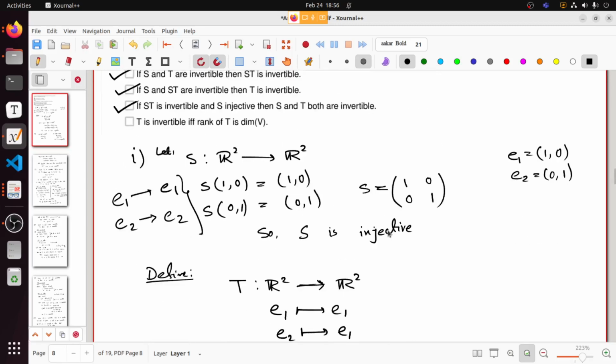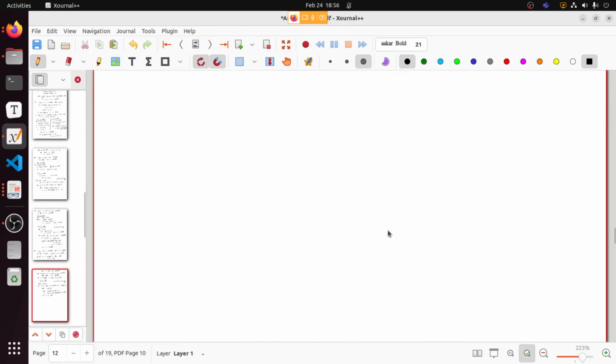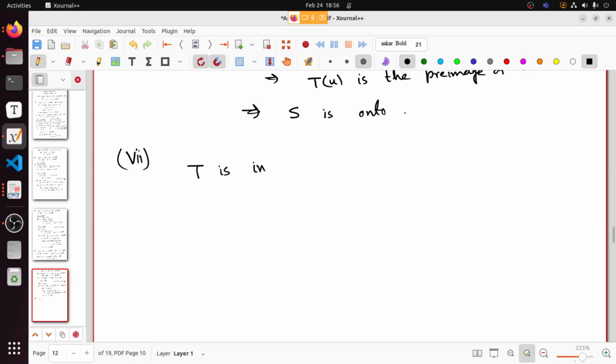T is invertible if and only if rank of T equals the dimension of V, where T is a map from V to V, right? So let's check.